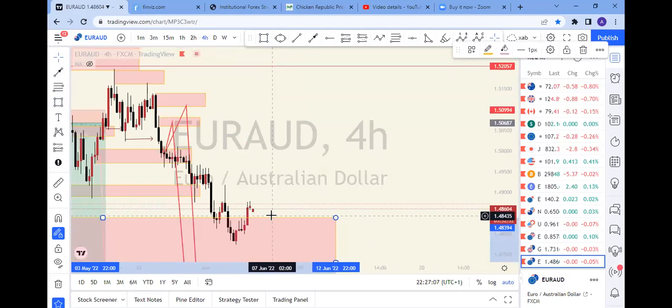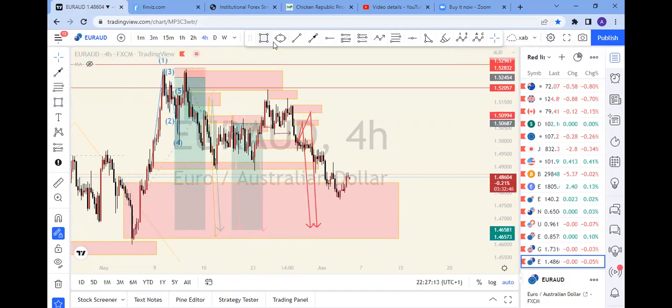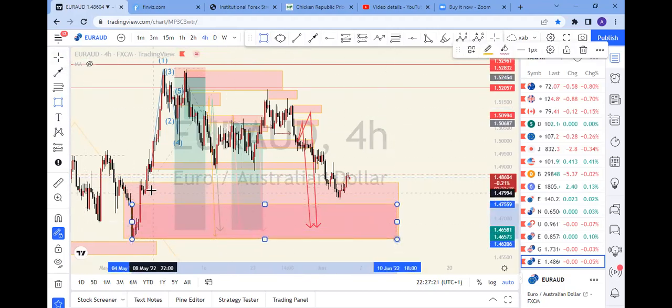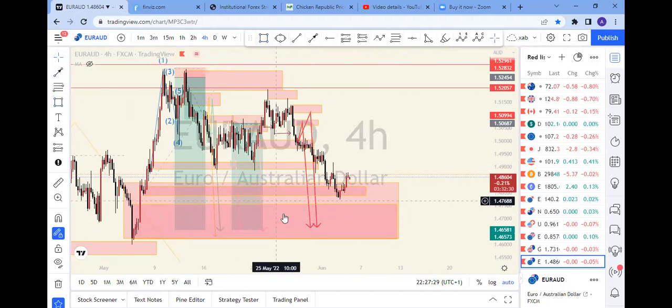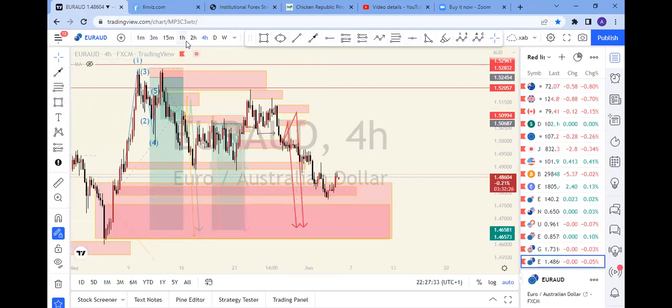All right, this is Euro AUD, and as you can see, this is the other block on the daily time frame. There's another block right inside there. 4 hours time frame. As you can see, price is reacting from that other block.